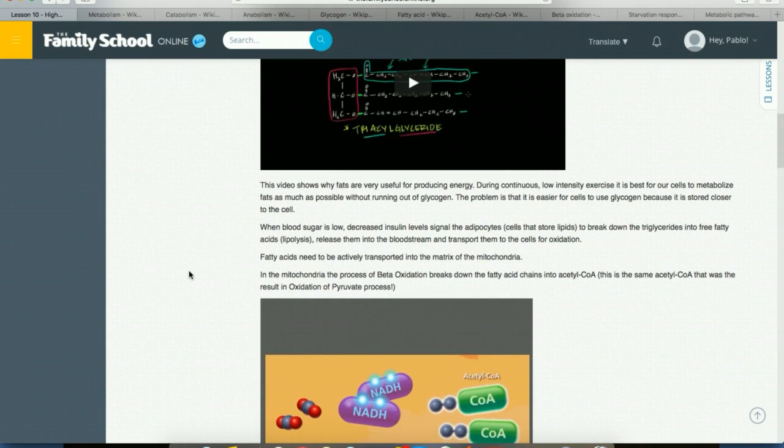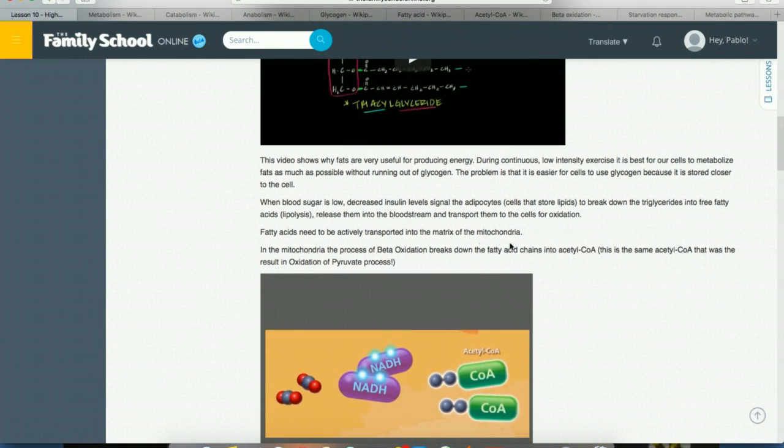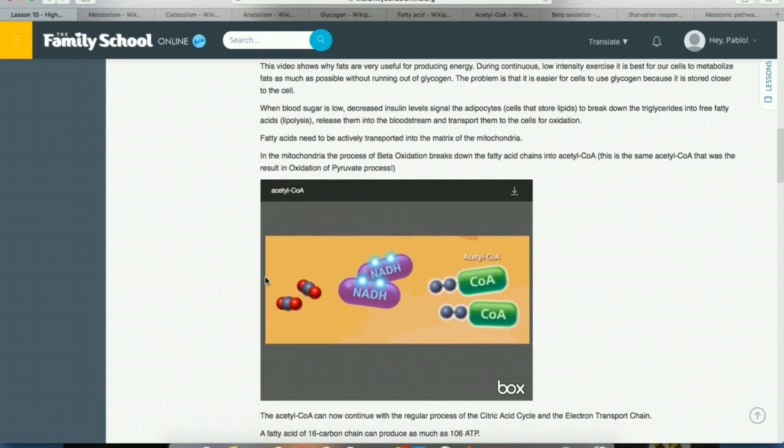All right, so here we see beta oxidation. Now I remember this process from the other video on cellular respiration. The acetyl-CoA is the end result of the pyruvate being broken down.